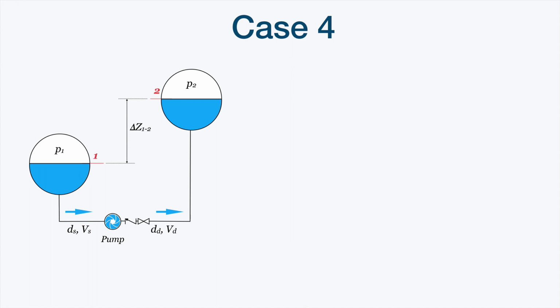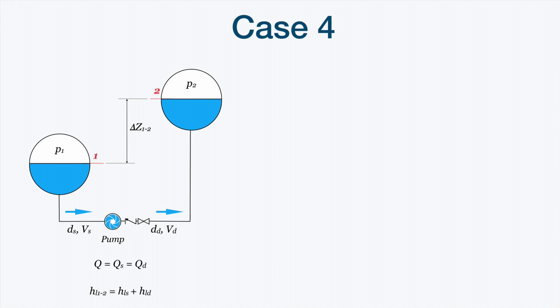This is, for example, a typical case of a boiler feed water system, where we are moving feed water from the deaerator, which would correspond to the vessel 1 at pressure P1. Normally this pressure is low, or even in some cases vacuum, and to the pressure of the boiler drum P2, that is normally much higher.